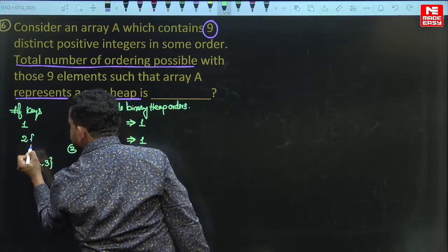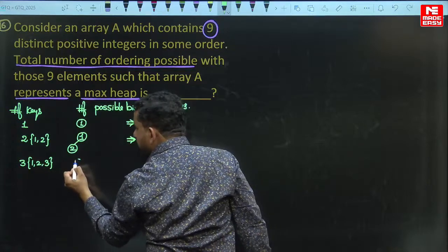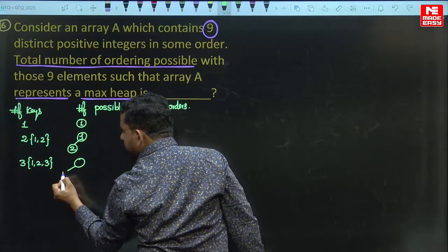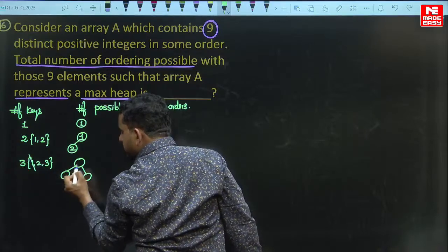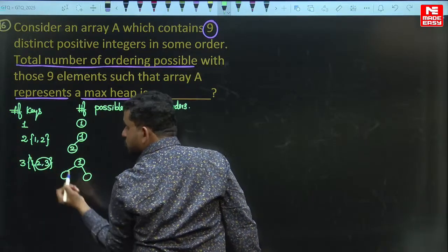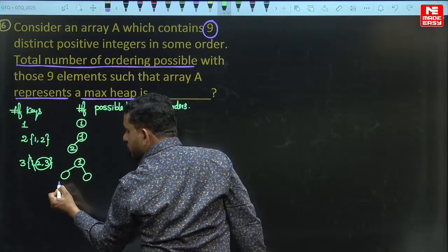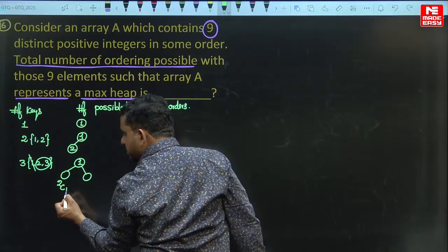Okay, assume that keys are 1, 2, 3. Three keys, complete binary tree, binary heap is a complete binary tree. So in a complete binary tree of three nodes, the minimum key becomes the root, and among the two keys, you can choose any one for the left subtree. That is 2C1 choices.